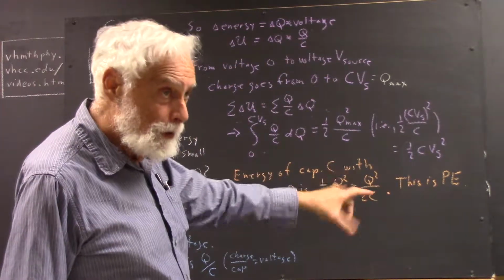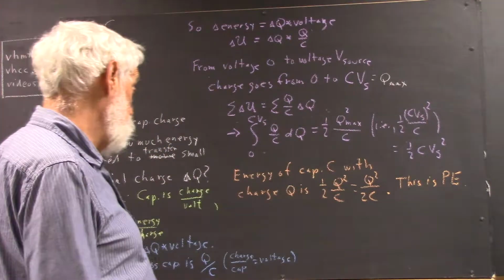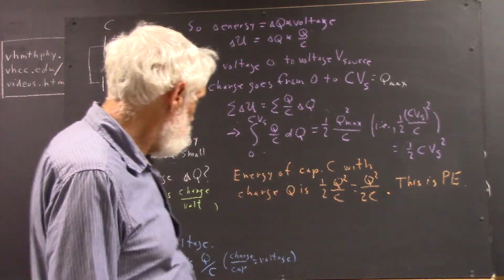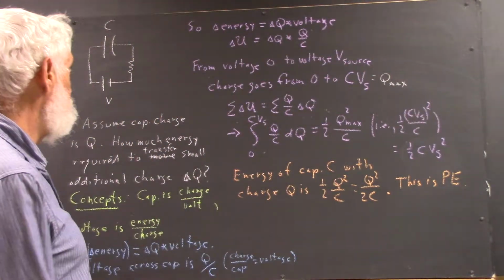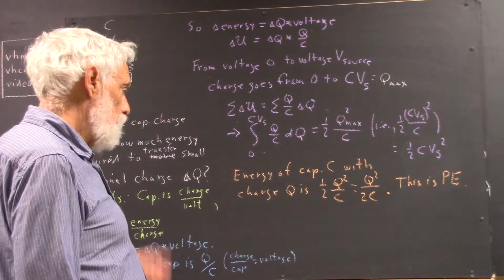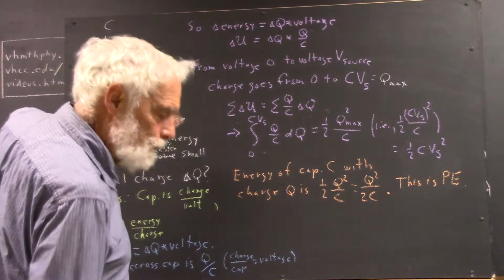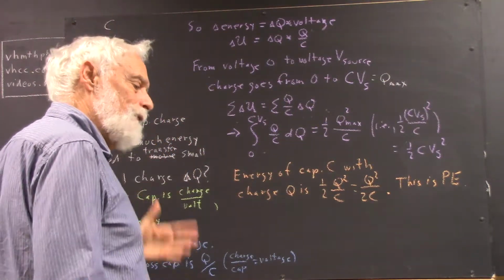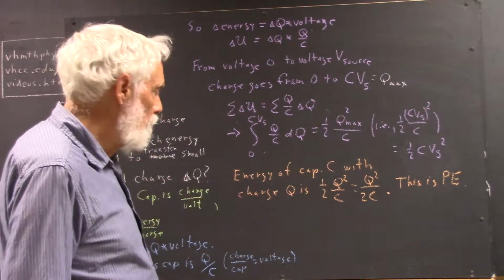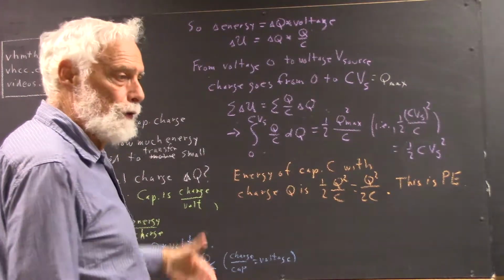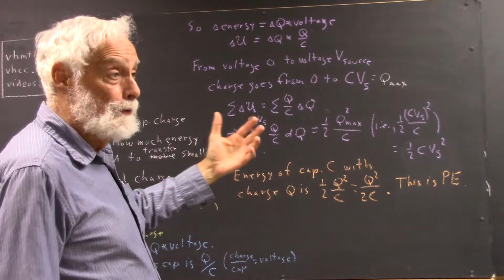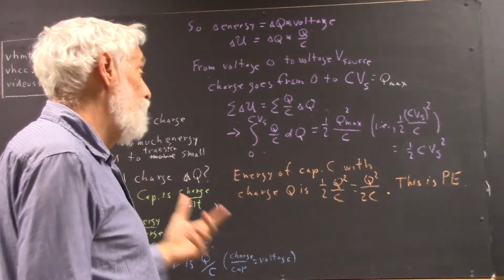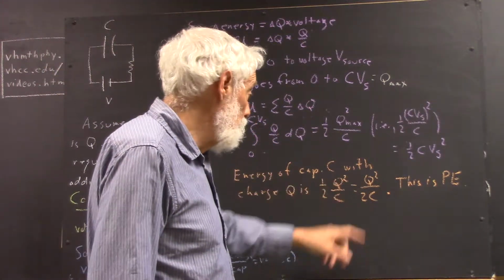Again, I've been a little careless about the plus and the minus, okay? If you want to reconcile the plus and the minus, actually you're moving the charge against a voltage that's in the opposite direction, has an opposite sign to the charge that you're moving. So the work you're doing is negative, and the change in potential energy, being equal and opposite to the work done by the conservative force, is therefore positive. So you do have this sign.